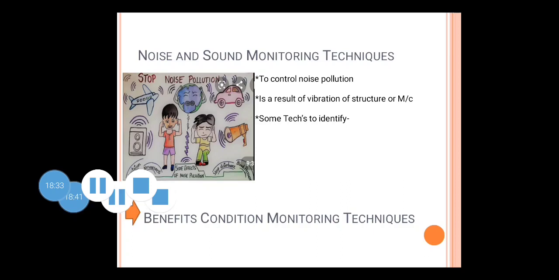Next benefit, a healthy environment can be maintained. Yes, this one is important. By adopting these techniques in the industry, we can maintain a healthy environment. A healthy environment is very much important. With the help of that only, we can preserve the machinery as well as ourselves.